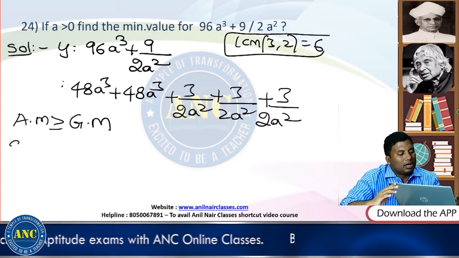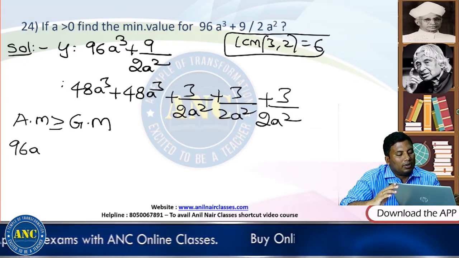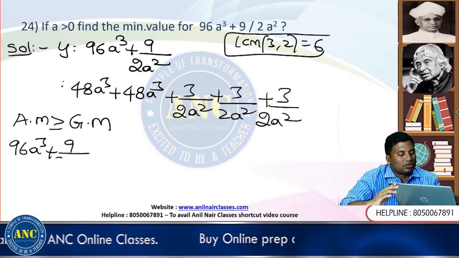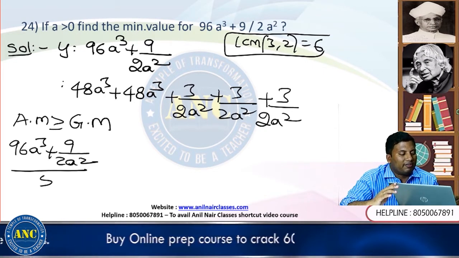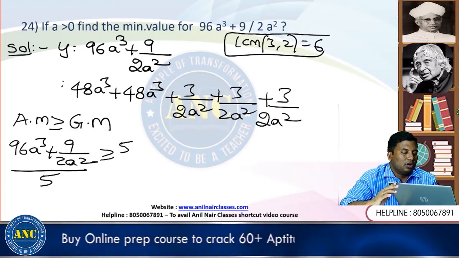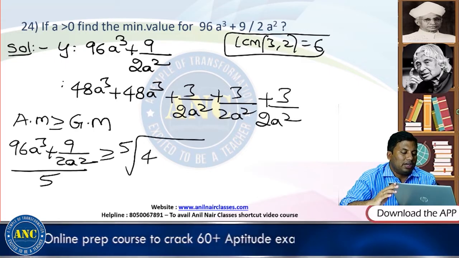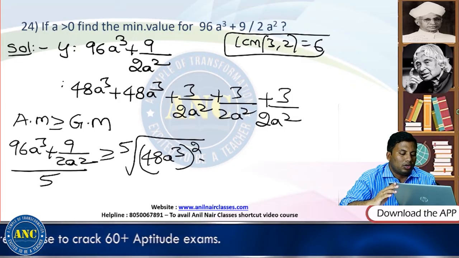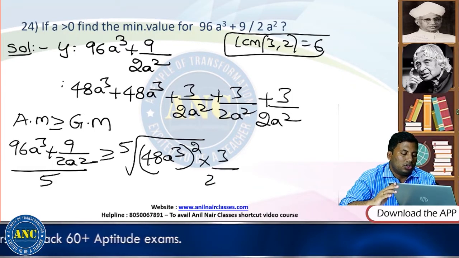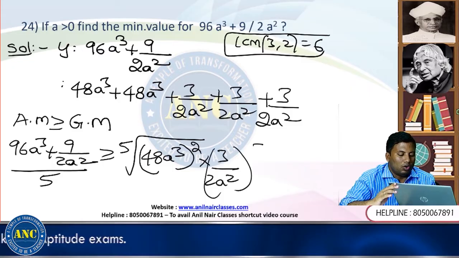This becomes 96A cube plus 9 by 2A square divided by 5, greater than or equivalent to fifth root of 48A cube into 48A cube whole square into 3 by 2A square whole cube. A power 6 cancels.